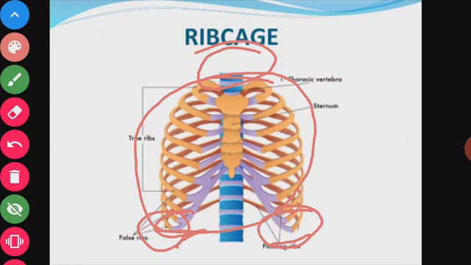These ribs join the backbone at the back and protect the internal organs such as the heart, liver and lungs. The last two pairs of ribs are free and are known as floating ribs. Ribs also play an important role in respiration.